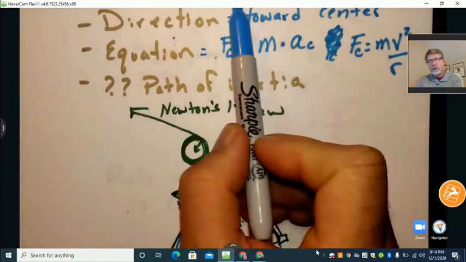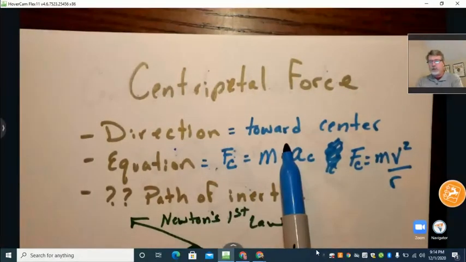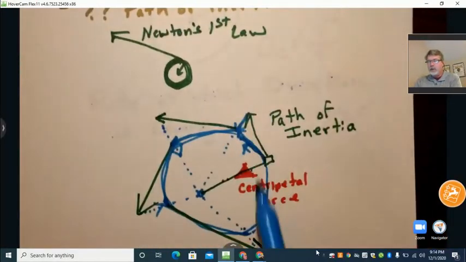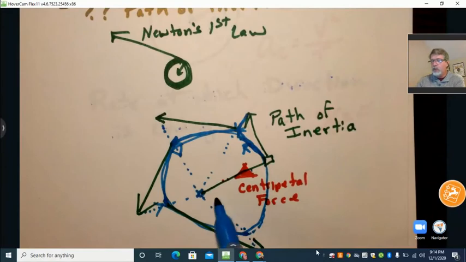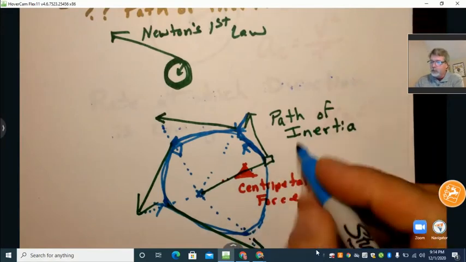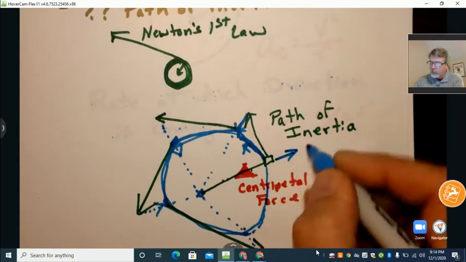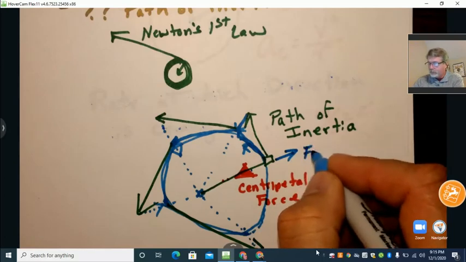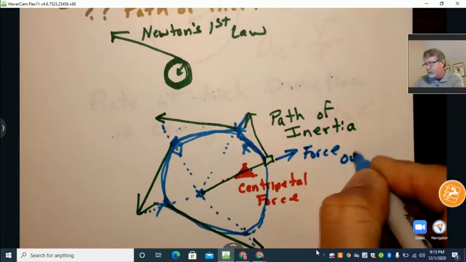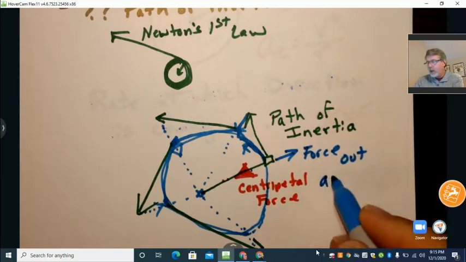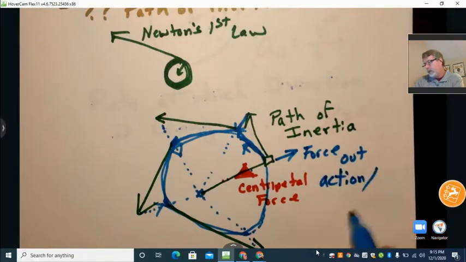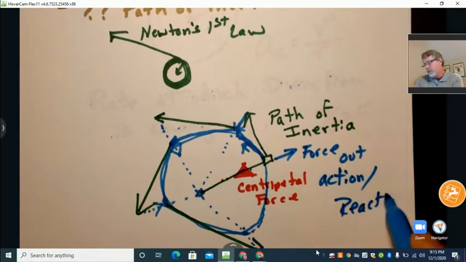So the centripetal force of an object is always towards the center. But if you're rotating, you get thrown out. So there's a force towards the center, and there's this force out of the center. It's our action-reaction force, right? Newton's third law.